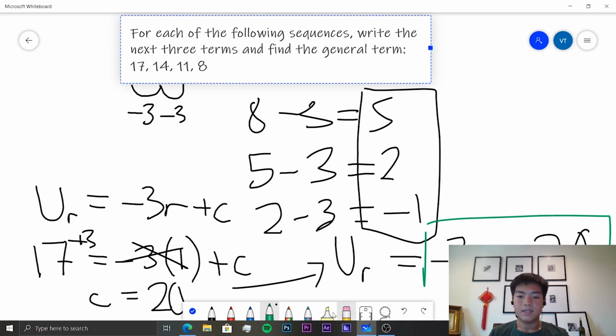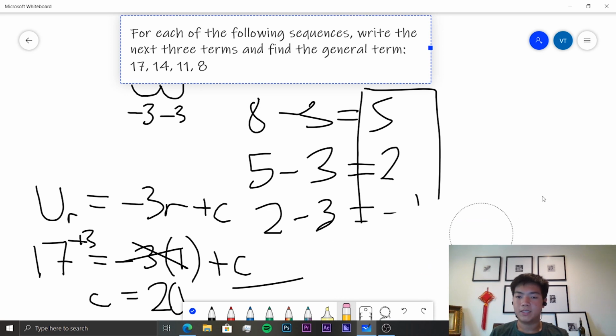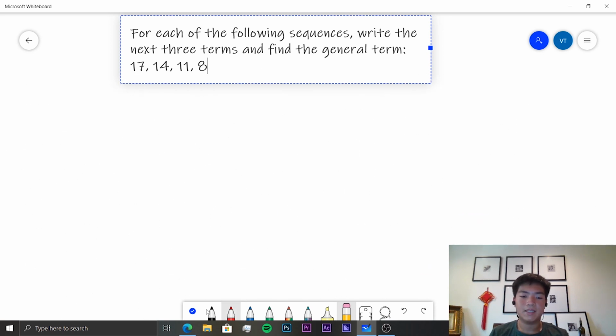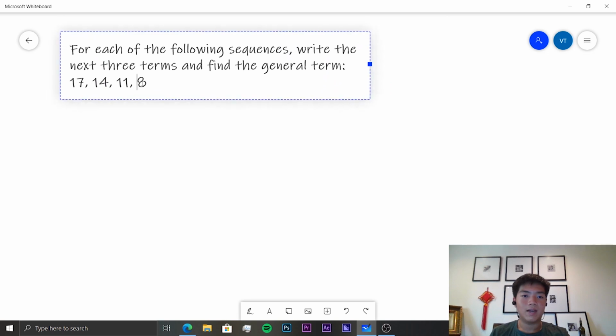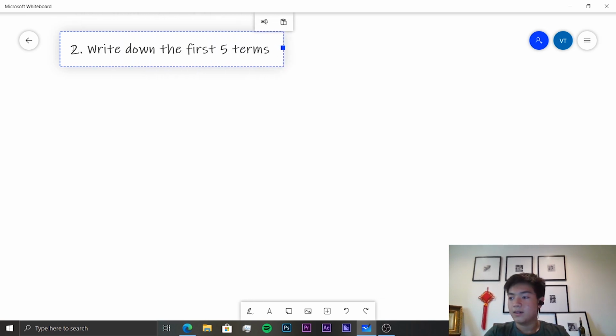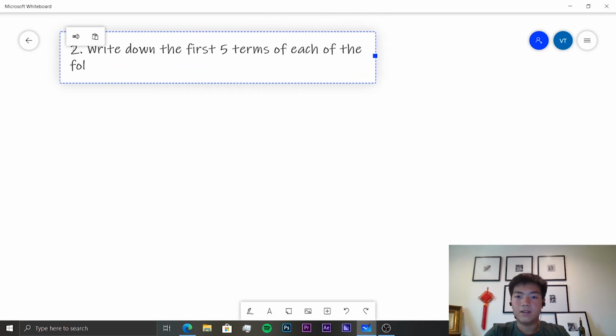Okay, now let's move on to the next question. If you're still unfamiliar with what a sequence is, I would suggest you try and solve sub-questions C, D, and E, but I will be moving on. So the next question is: write down the first 5 terms of each of the following sequences.